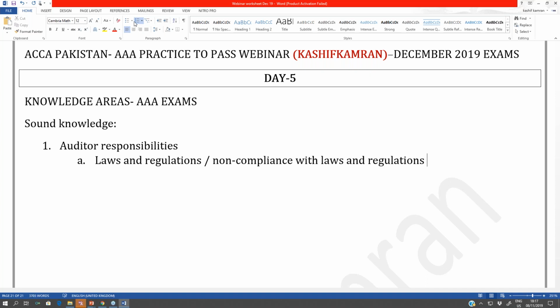You should know auditor responsibility for opening balances, auditor responsibility for fraud. So you should have an idea about auditor's responsibility. What is the auditor responsibility for laws and regulations? What is the auditor responsibility for opening balances? What is the auditor responsibility for fraud?